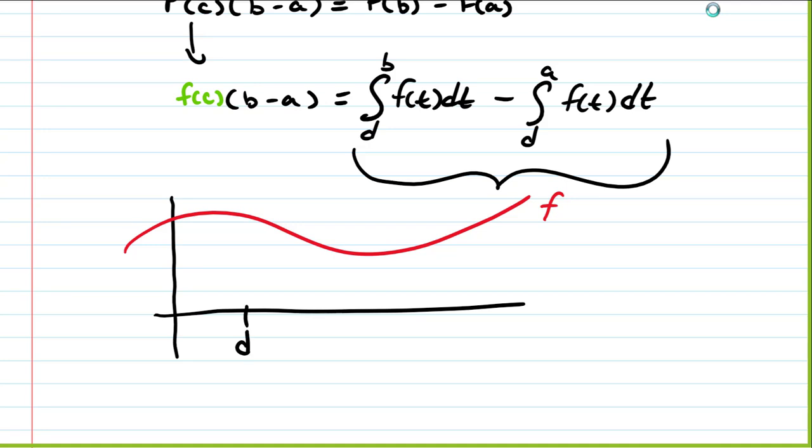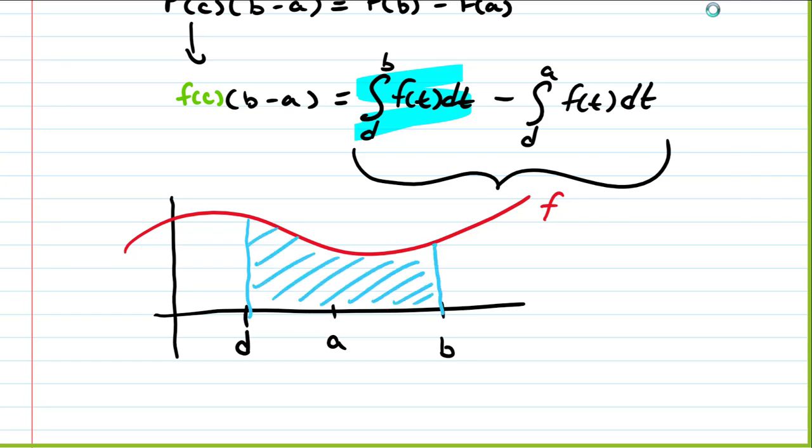We have the number d, we have the number a, and we have the number b. So the integral from d to b of f of t, well, in terms of this picture, it would be this area underneath the curve, right?